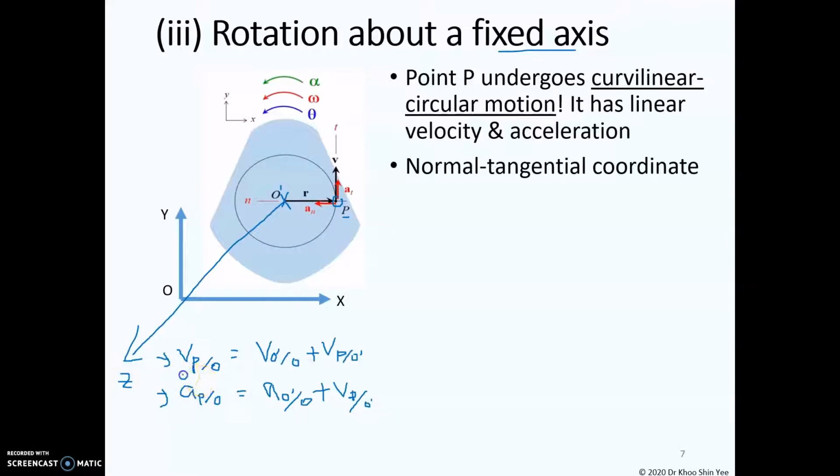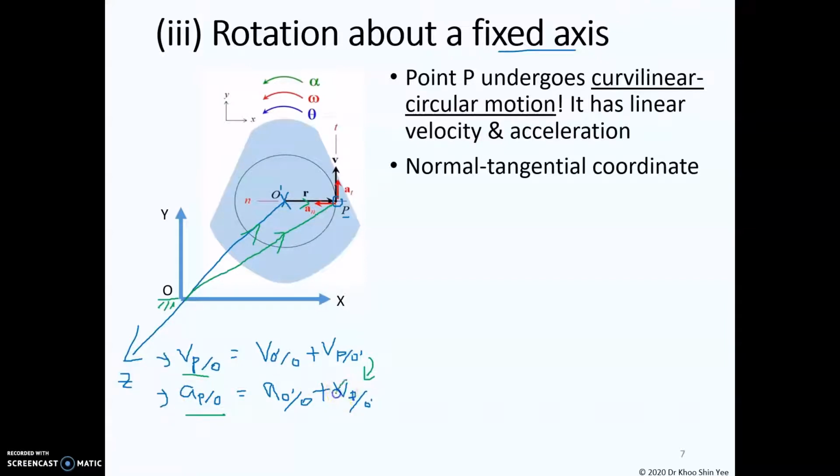For example, the velocity at P with respect to the origin at the inertial frame is equal to the velocity at O prime, which is the center of mass, with respect to O, plus the velocity at P with respect to O prime.